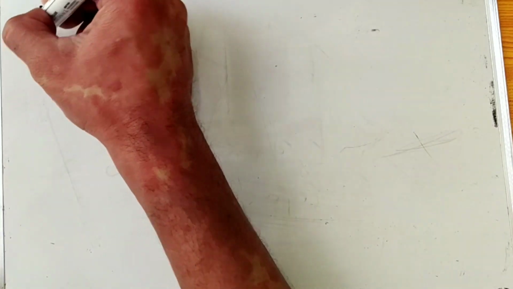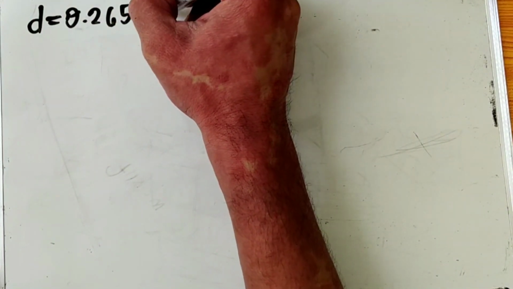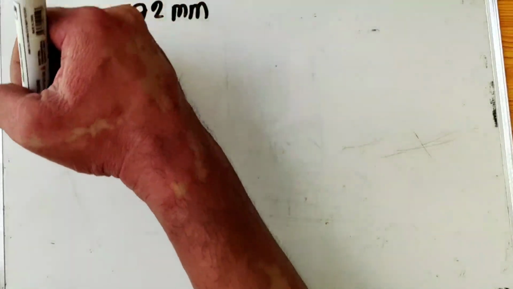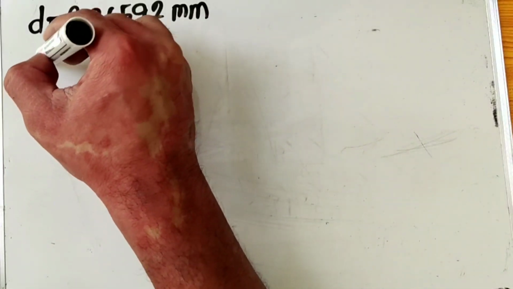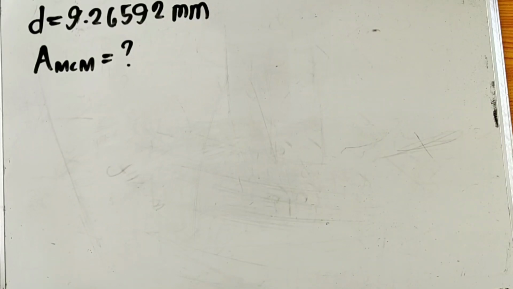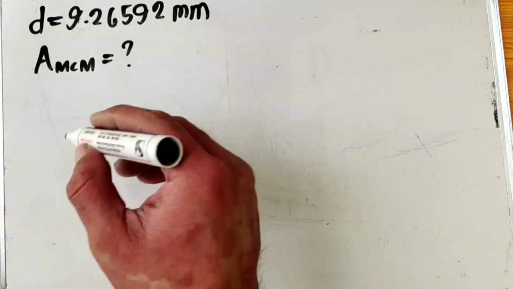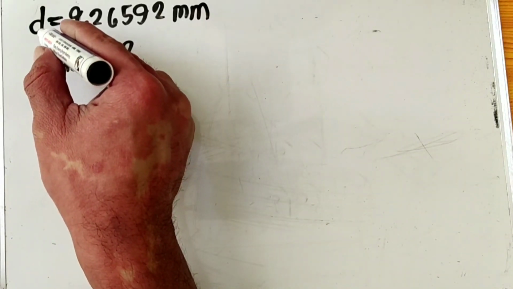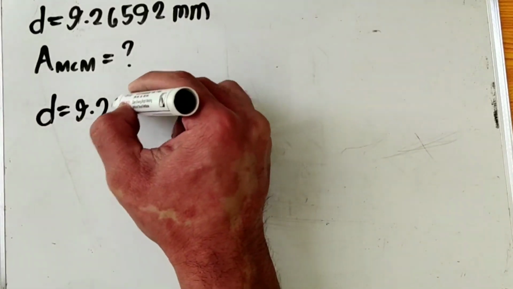So sa example naman na to, we have the American wire gauge wire which has an effective diameter equal to 9.26592 millimeters. We have to determine the cross-sectional area which is in units of MCM. The easiest way is to convert first the diameter to mils.